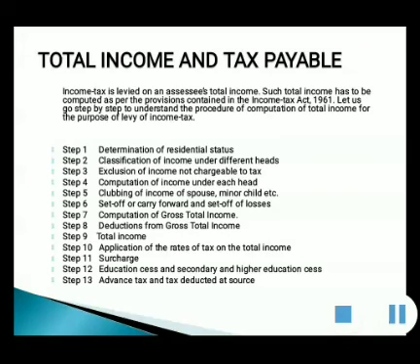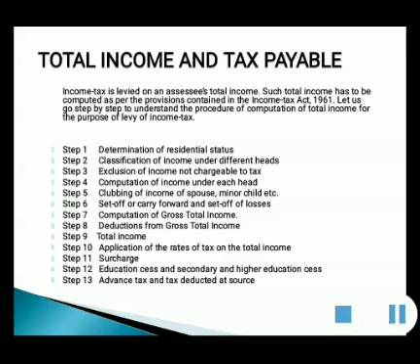And let us go step by step to understand the procedure of computation of total income for the purpose of levy of income tax. So what are the steps for levying the income tax or the tax payable? Step 1, determination of residential status, that we have already discussed: resident, non-resident, and resident but not ordinarily resident. Second, classification of income under different heads. Third, exclusion of income not chargeable to tax.